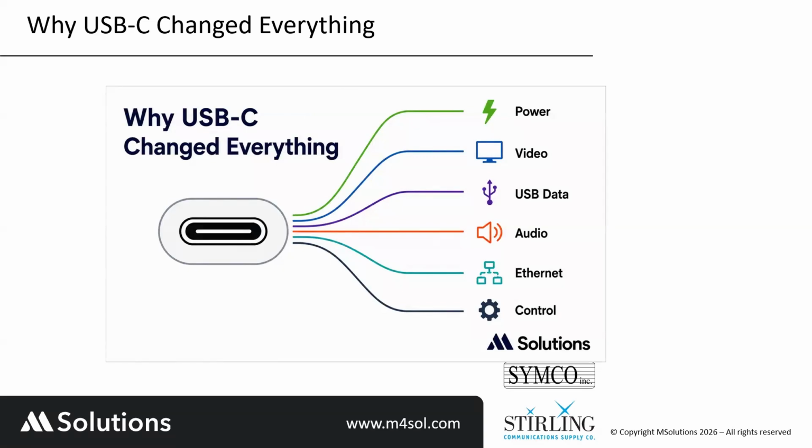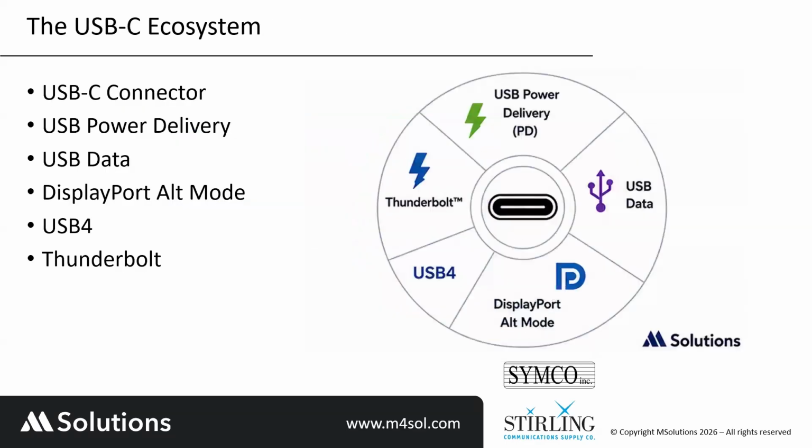But this is important to understand: USB-C is not replacing HDMI or DisplayPort. It can transport DisplayPort video, USB data, power, audio, Ethernet, and control together. So the message is very simple. There is one connector, multiple protocols, different capabilities.